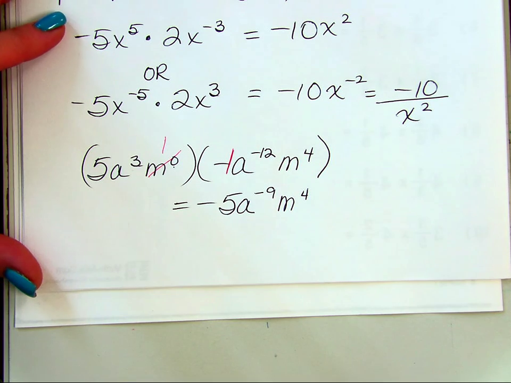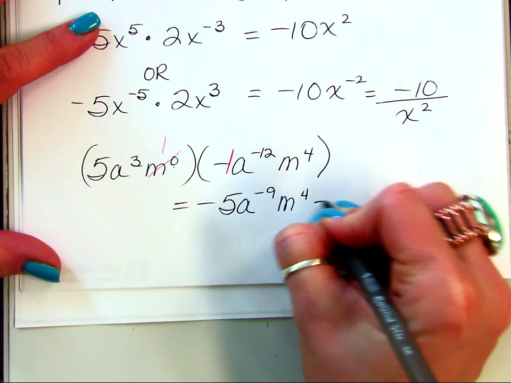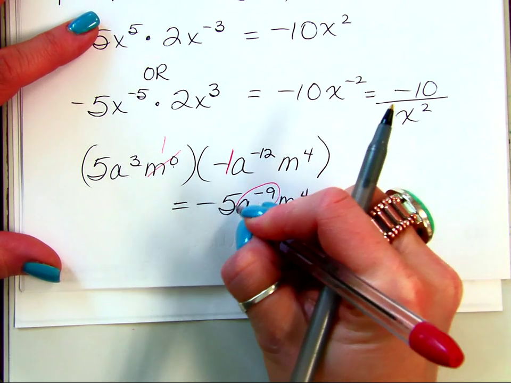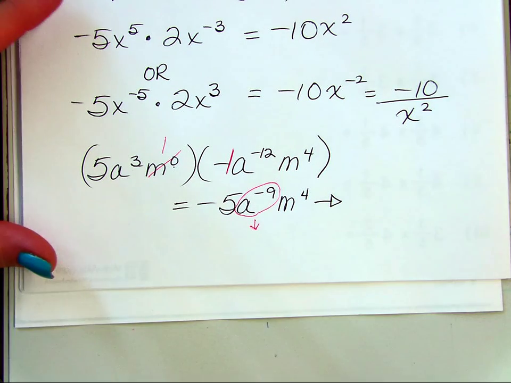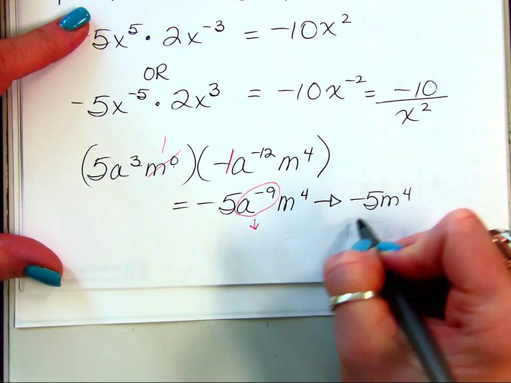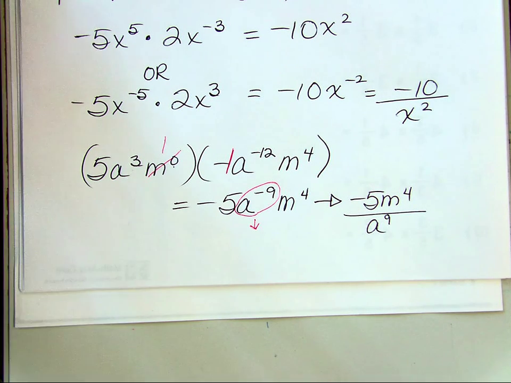But I'm not done, because my answers cannot have negative exponents in them. I need to completely rewrite this as what? What's the only thing that needs to move? That. Everything else is okay. So your answer is -5 m to the 4th over a to the +9th. Did you follow me with that, Cheyenne?